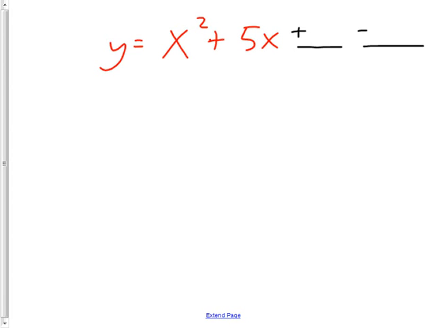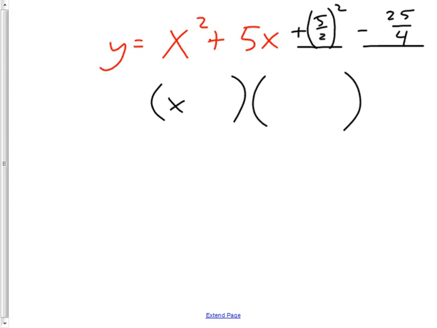Who tells me the answer on this one? The little German boy. Half and square. Half of 5, 5 over 2. Squared. And then you can actually do that. 5 squared is 25. 2 squared is 4. 25 fourths.